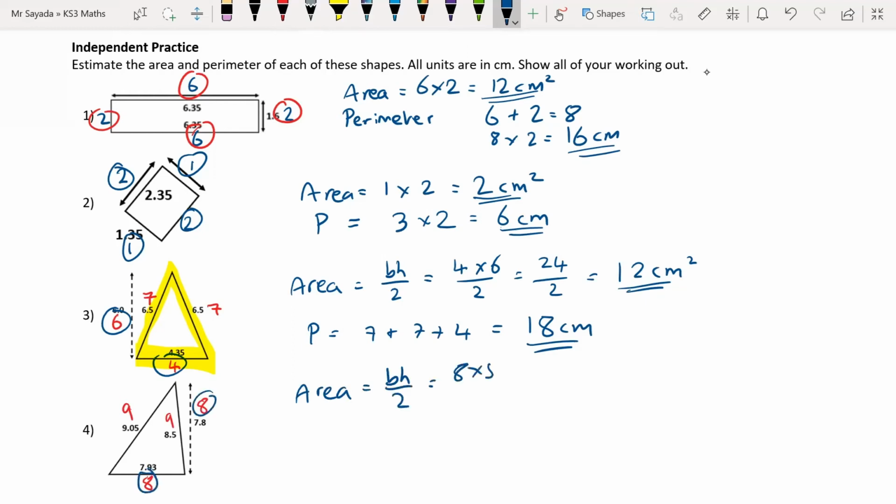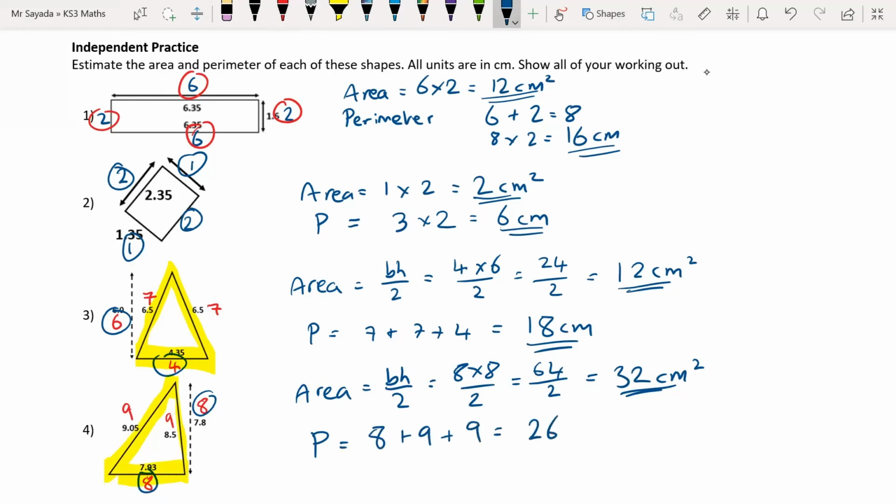So 8 times 8 over 2. 8 times 8, 8 squared, that's 64. 64 over 2, so that will be 32 centimeters squared. And finally, the perimeter is the distance around a 2D shape. So it's that plus that plus that, which will be 8 plus 9 plus 9, which will be 26 centimeters.